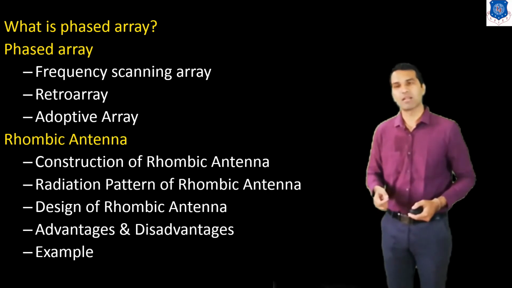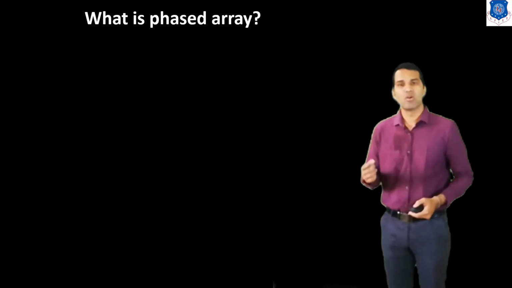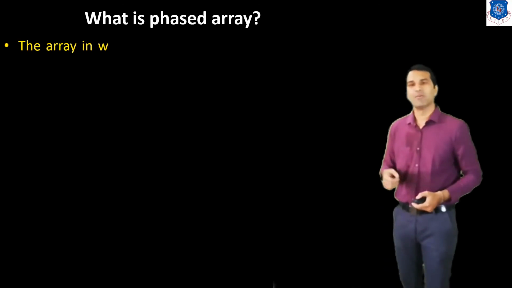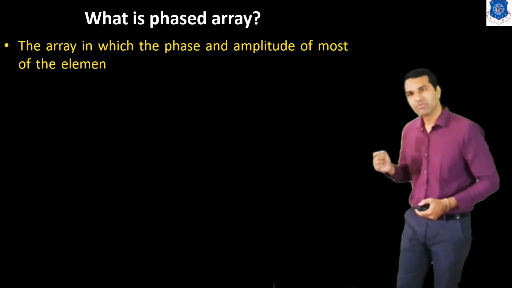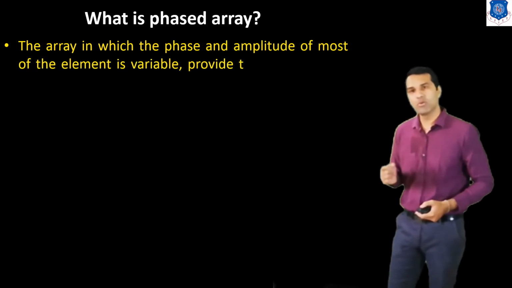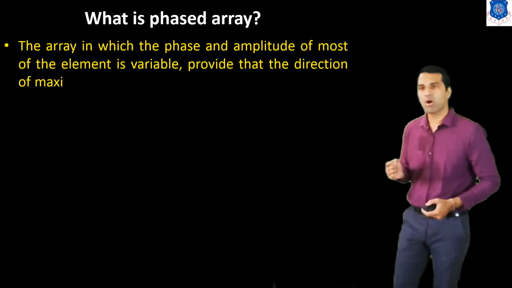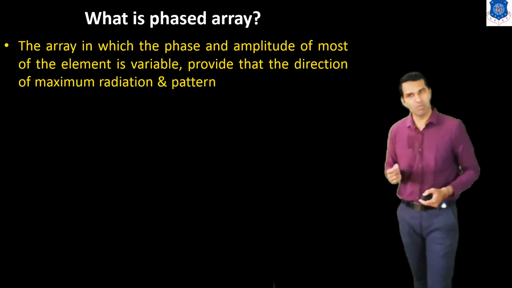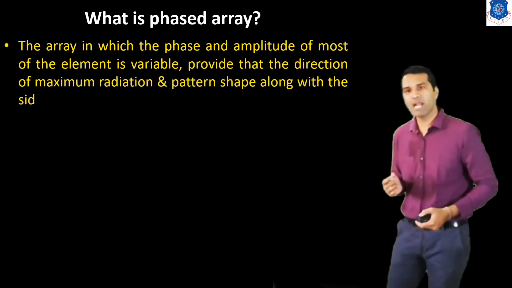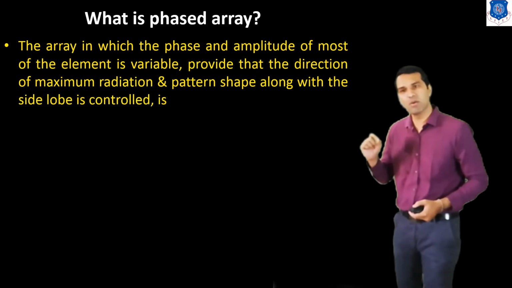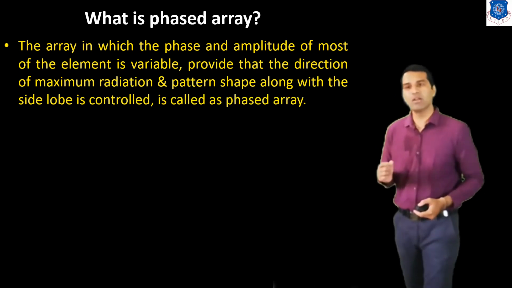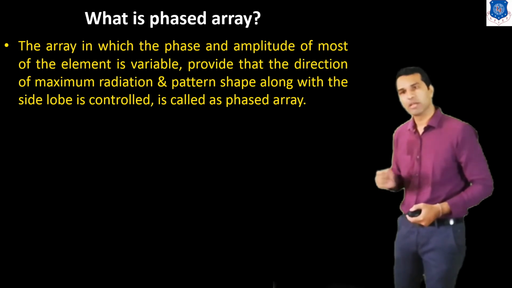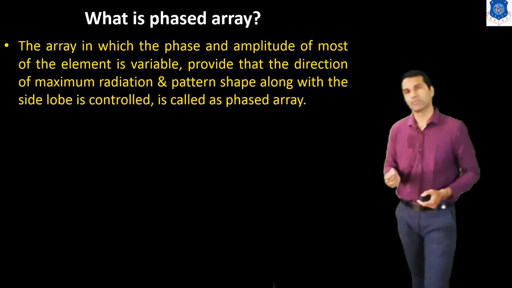So now we start with the phase array. First, a question comes to our mind: what is a phase array? The array in which the phase and amplitude of most of the elements are variable, so that the direction of maximum radiation and the pattern shape along with the side lobes can be controlled, is called the phase array.